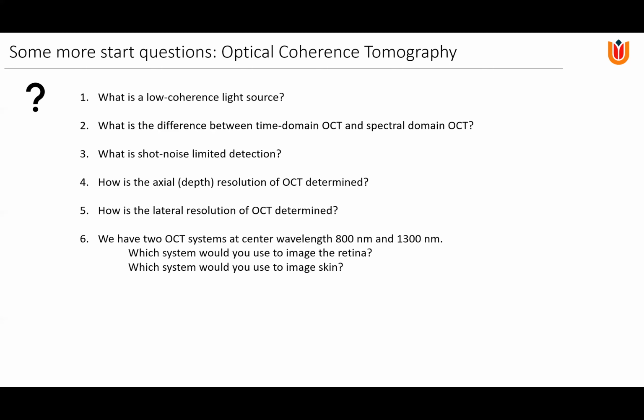Do you know how to calculate this full width of max, or this width of this? I think it's 0.44 times the lambda zero squared divided by lambda.